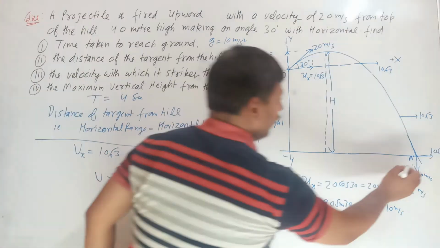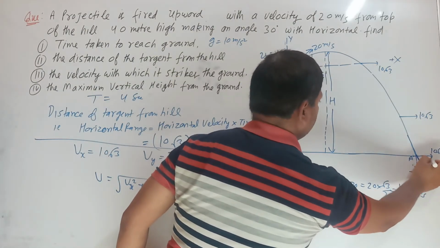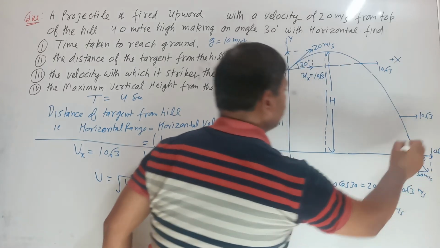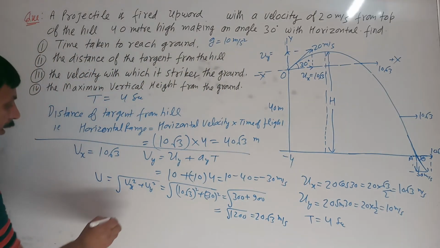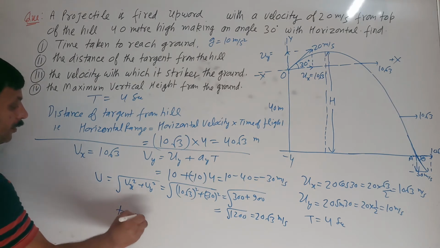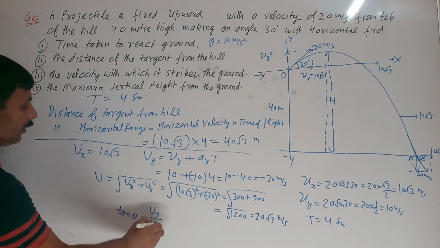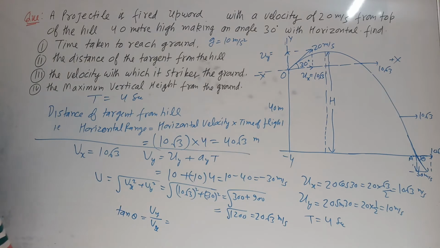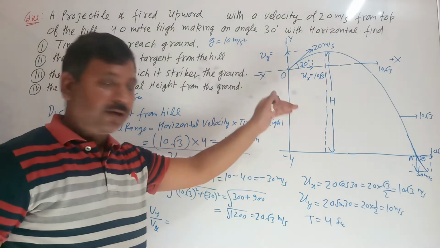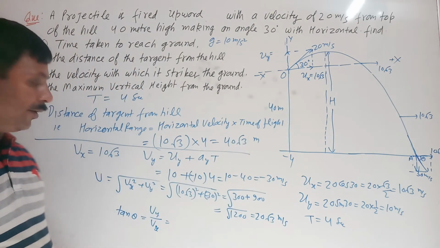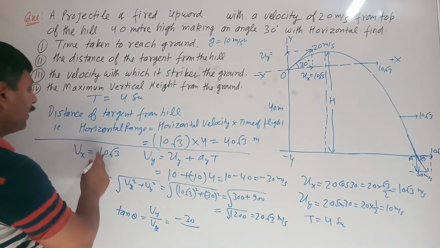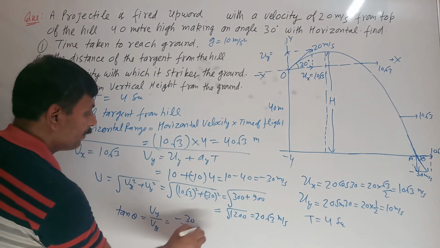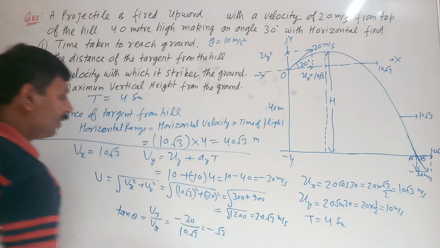And what will be the angle made by this velocity with the horizontal? Suppose when it strikes, the angle is theta from the horizontal. So vy upon vx is downward, that's why it will come negative. Minus 30 upon 10 root 3 is minus root 3.